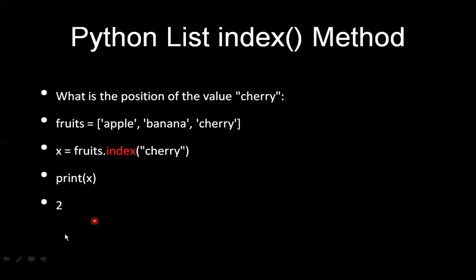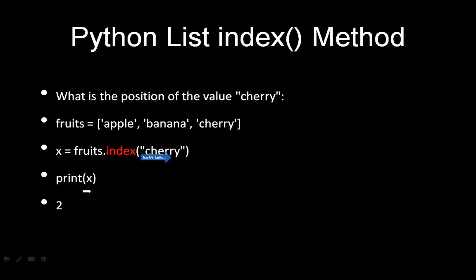So how did you get the value 2 here? That is important, you should understand how you got the output as 2. Apple has index number 0, banana has index number 1, and cherry has index number 2. So x is the variable which holds the index number of the cherry element.